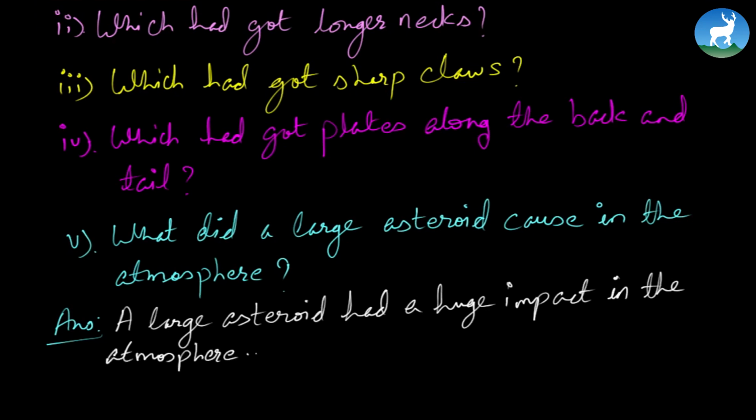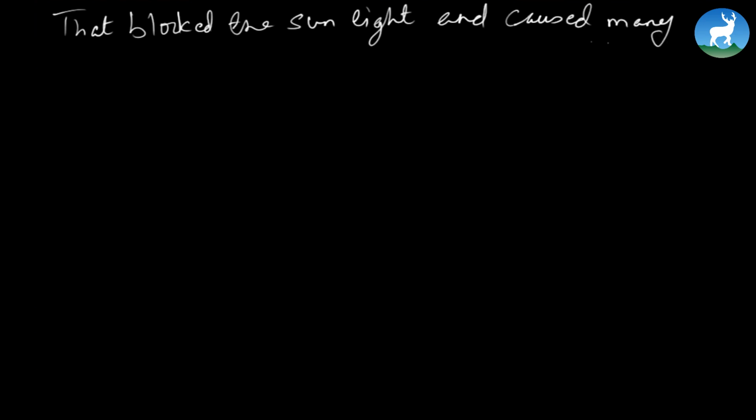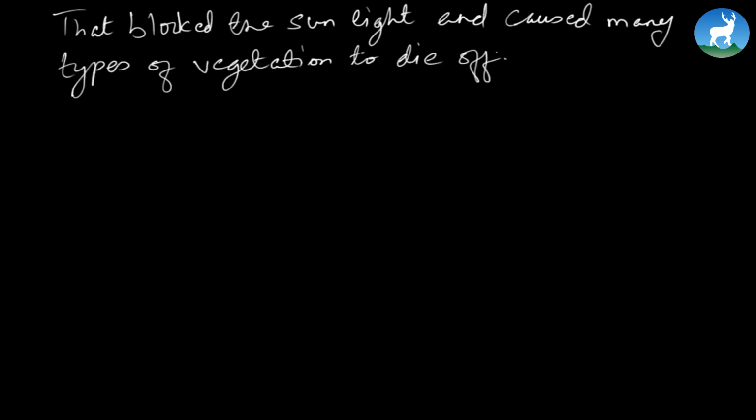Now, what kind of impact is that? You have to explain that. The asteroid threw huge amounts of dust and water vapor into the atmosphere that blocked the sunlight and caused many types of vegetation to die off. See, this was the impact the asteroid had in the atmosphere.